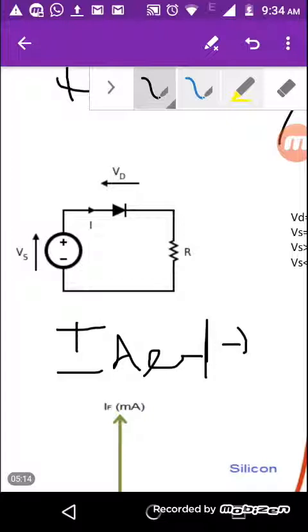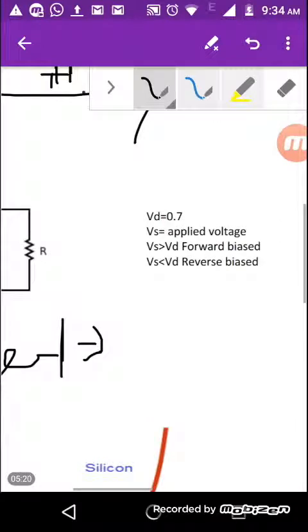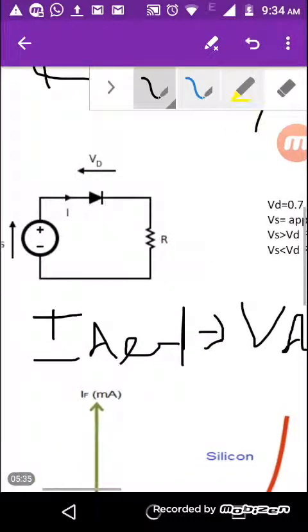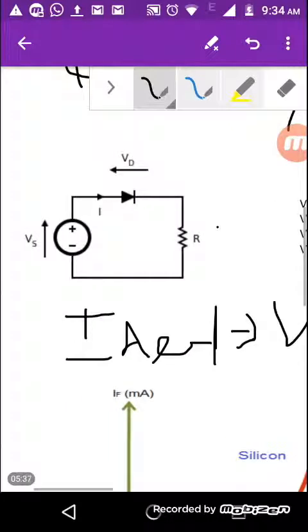In ideal cases, you will have Vd equal to 0, and hence whatever voltage is applied at Vs is received at the resistor R, or the load R.